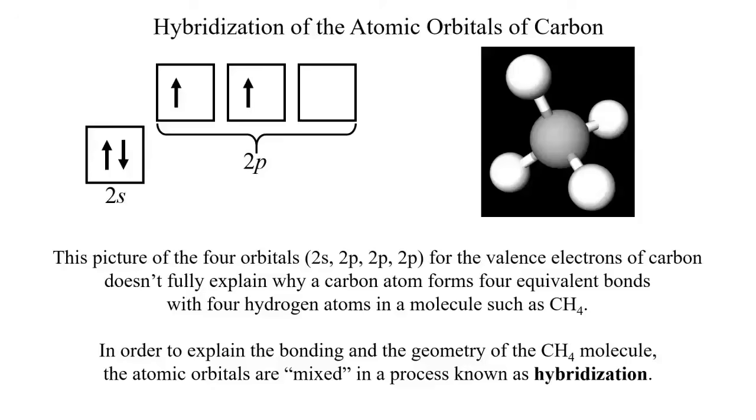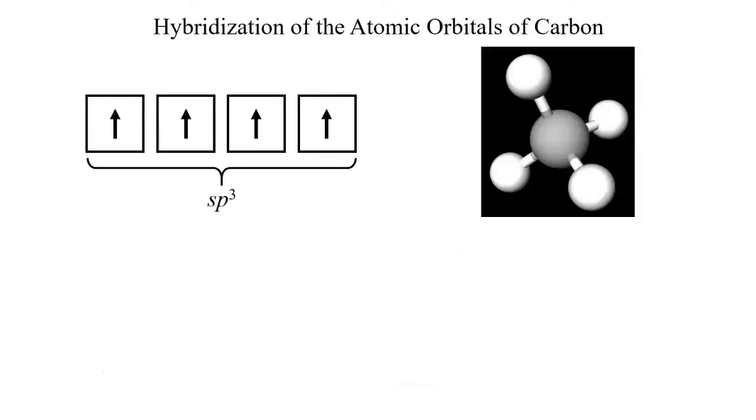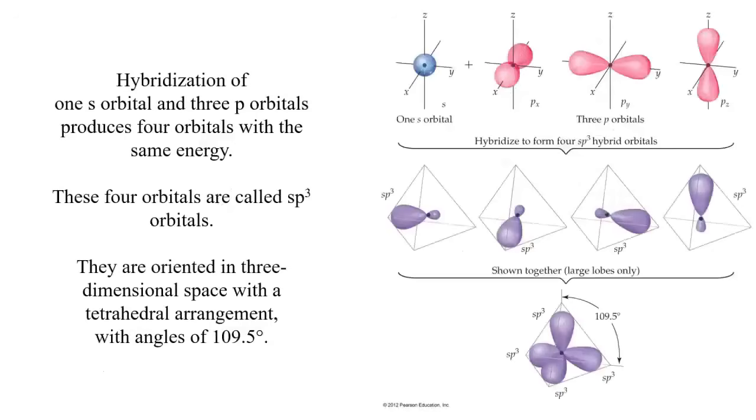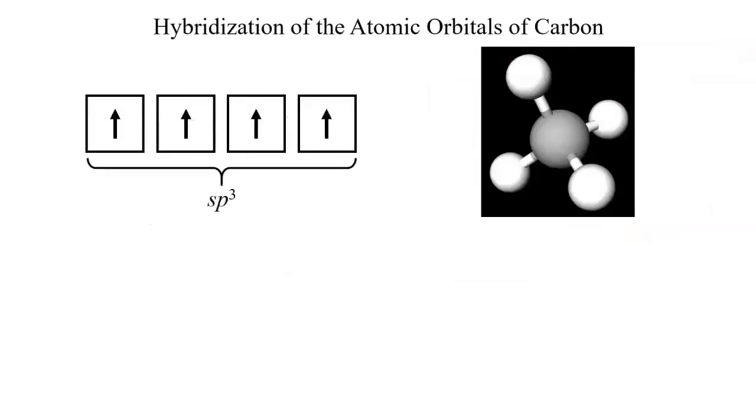In order to explain the bonding and the geometry of the CH4 molecule, the atomic orbitals of carbon are mixed in a process known as hybridization. So now 1 s orbital and 3 p orbitals are combined to produce 4 equivalent sp3 orbitals.